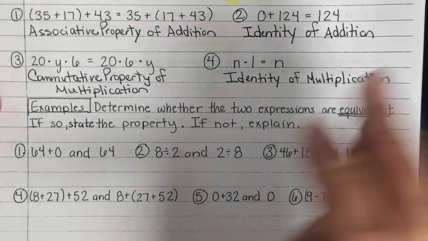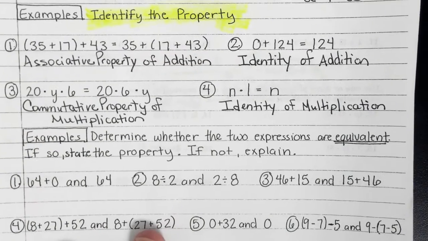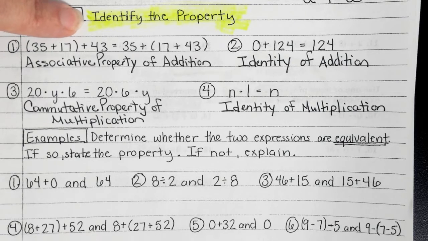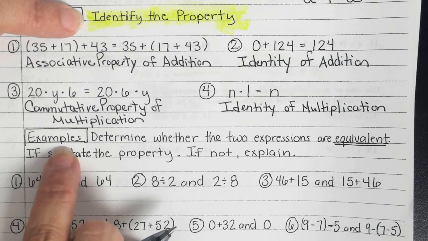Okay, so that first set was just identifying the properties. Notice the directions. That's just list which one it goes with. The second set here is different, and this is more like what we do.